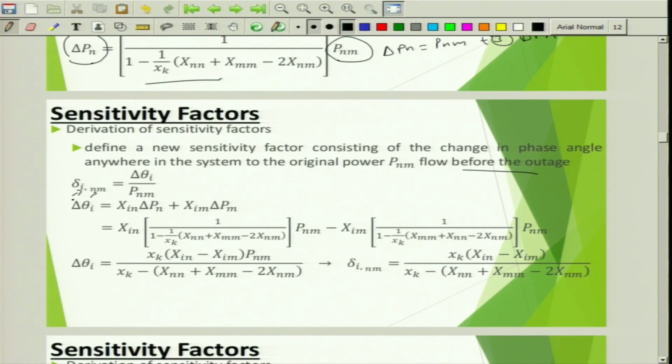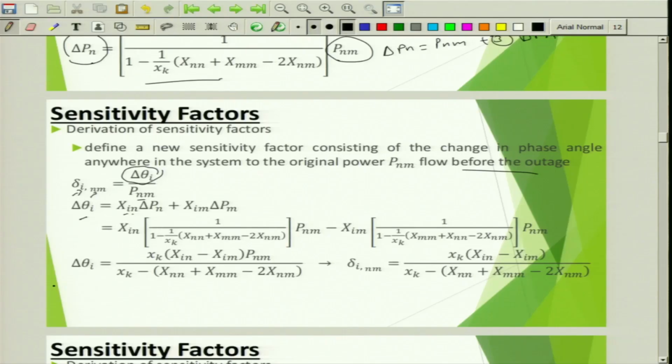If there is a change in power flow, there will also be a change in phase angle, that is expressed in terms of delta theta I divided by Pnm. This is the sensitivity factor, the phase angle sensitivity factor, and that is expressed as delta theta I is equal to xin into delta Pn. That means the sensitivity of a phase angle is expressed in terms of the equivalent reactance that could be present between bus number I and bus number n.